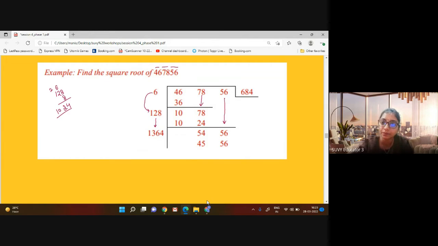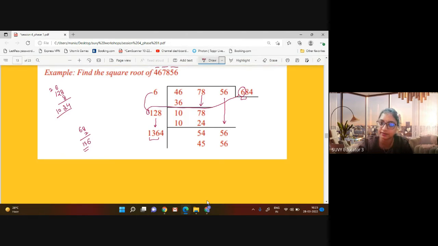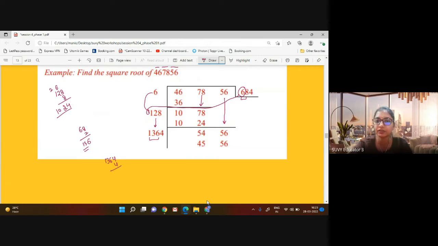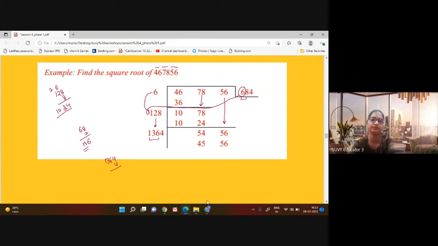When 68 is doubled, 68 into 2 will become 136. So 136 is here, 68 doubled. So 1364 into 4, you will get 4556, right? In this way, we can go ahead and get the answer.